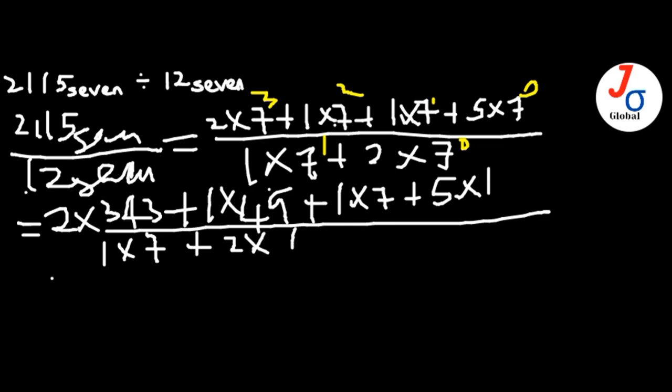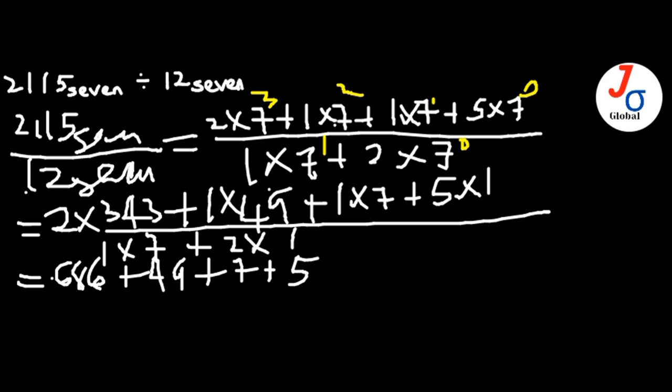So basically, I have 2 times 343, that is 686. That's 686 plus 49, plus 7, plus 5 times 1 is 5. Then over, 1 times 7 is 7 plus 2 times 1 is 2.